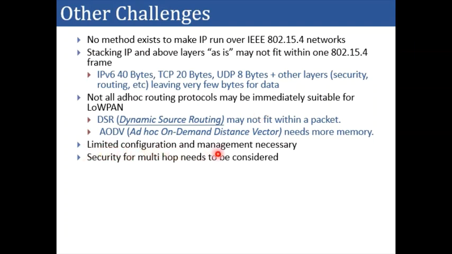Here the limited configuration and management are necessary because we are having IEEE 802.15.4 as physical and data link layer, and we also need security with multi-hop capabilities so that the energy constraint which we have in case of the IoT devices can be addressed to a certain extent by hopping the data to the nearest neighbor.